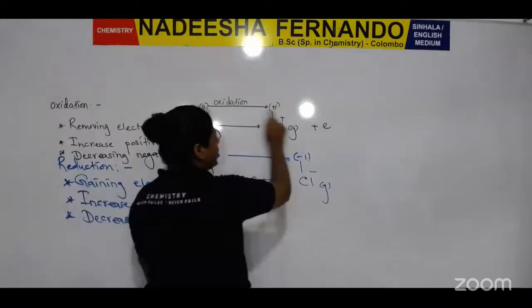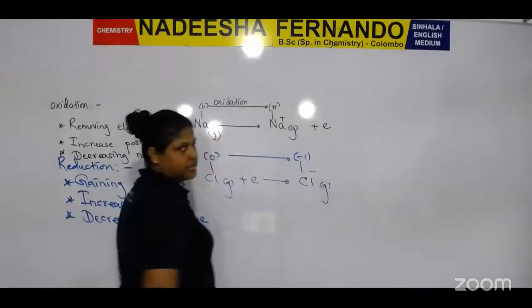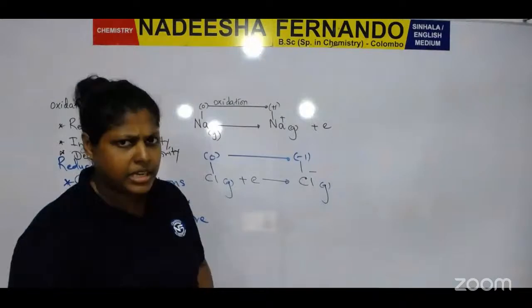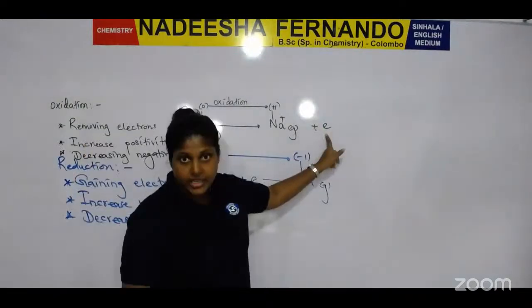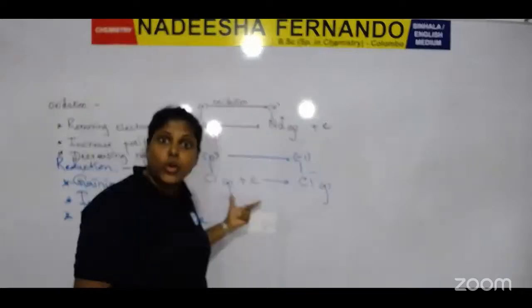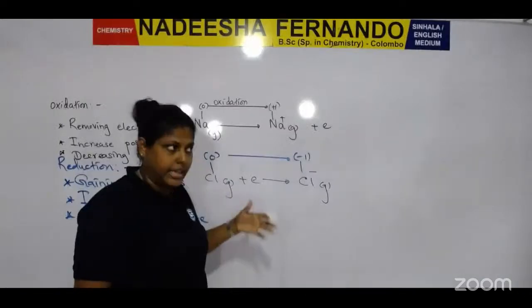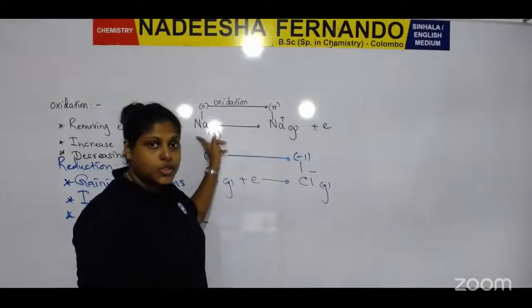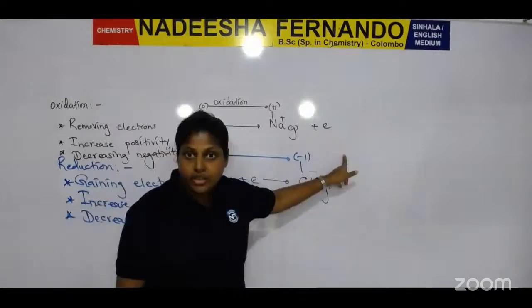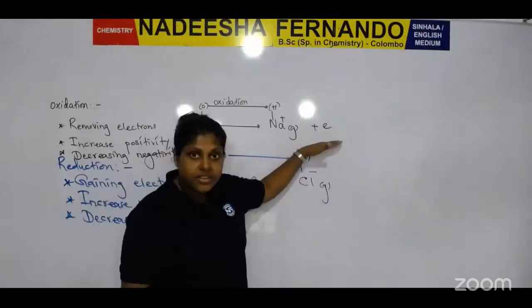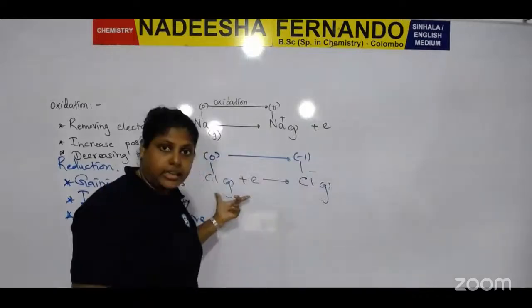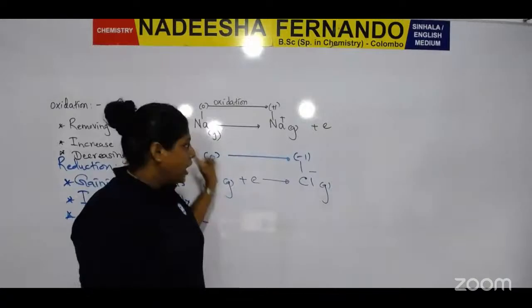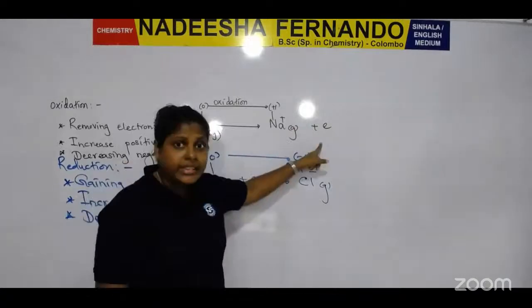When sodium releases electrons, the released electrons can be taken by the chlorine atom. Removing electrons is oxidation.